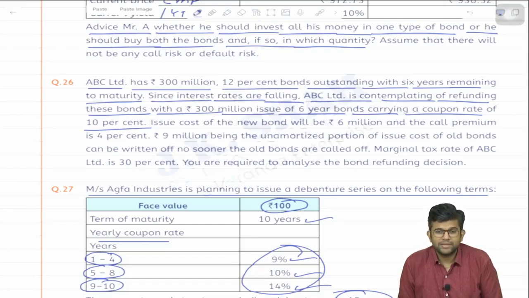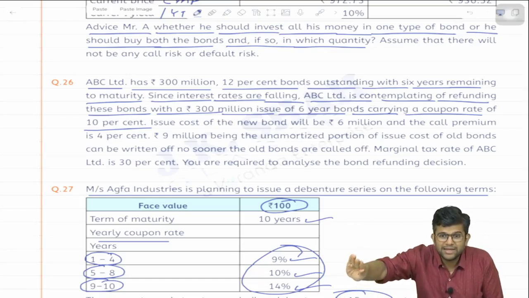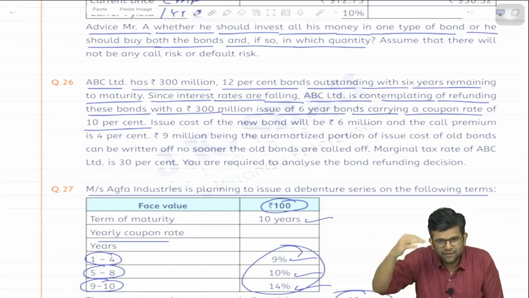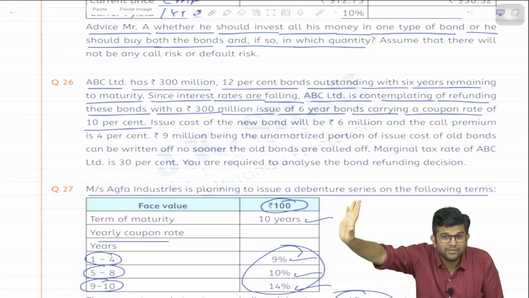This concept is saying, calculate the present value of all your cash outflows in a scenario where Muhammad wouldn't have come into your life. In a scenario where you wouldn't have felt sad about your existence. In a scenario where you would have continued with Bhavani's bond. I hope you are able to understand.